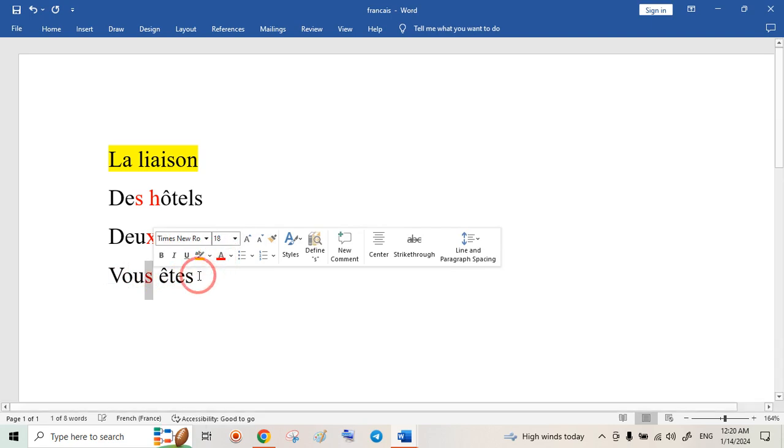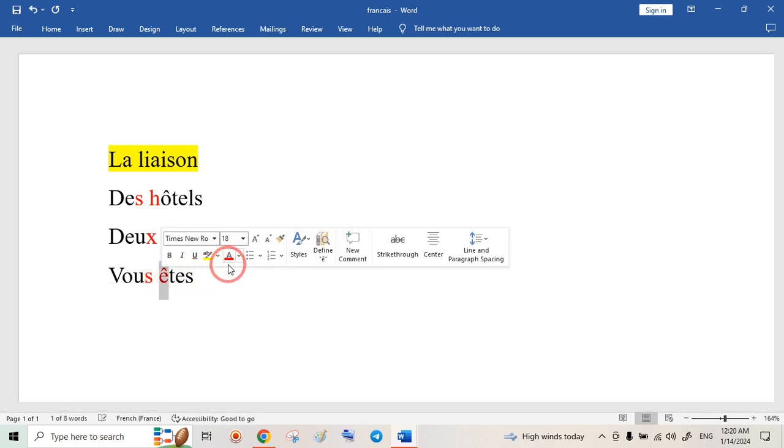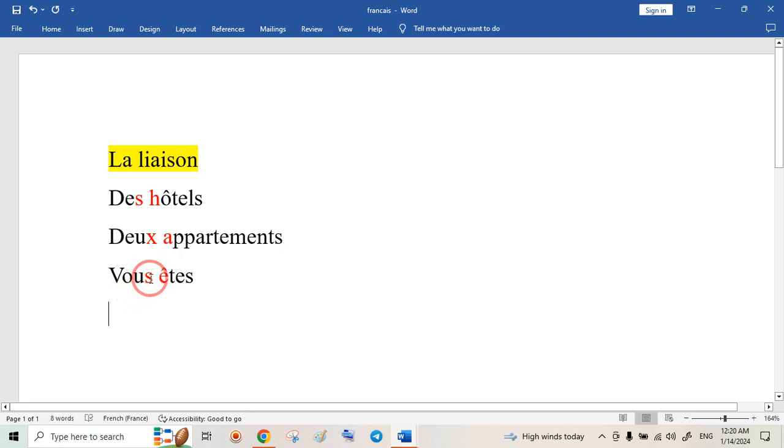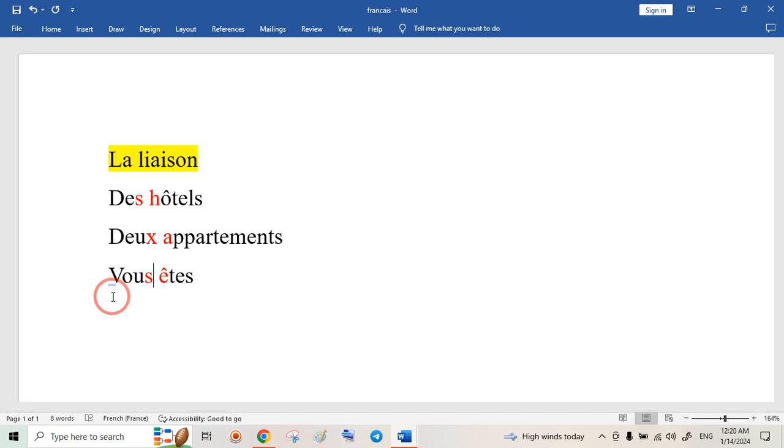I'm doing the liaison. Why? Because at the end of the first word I have a consonant, and the second word starts with a vowel. That's why I can do the liaison and say vous êtes, instead of vous êtes separately.